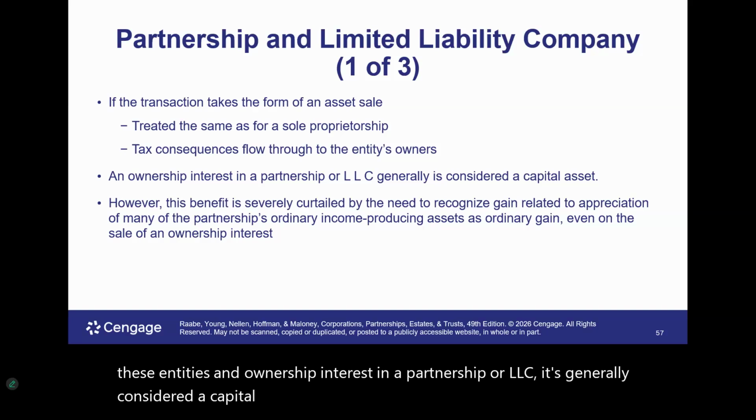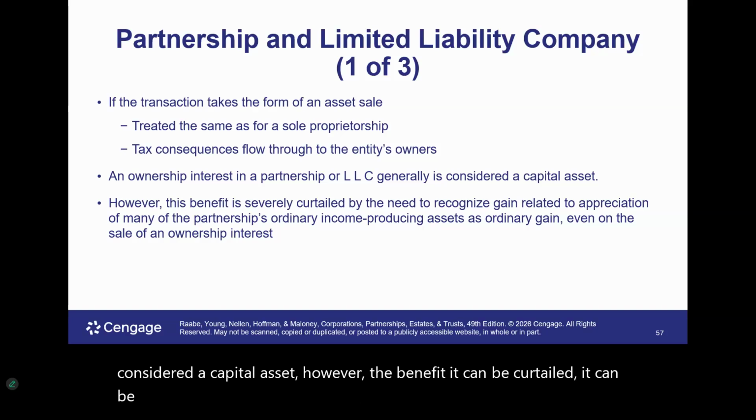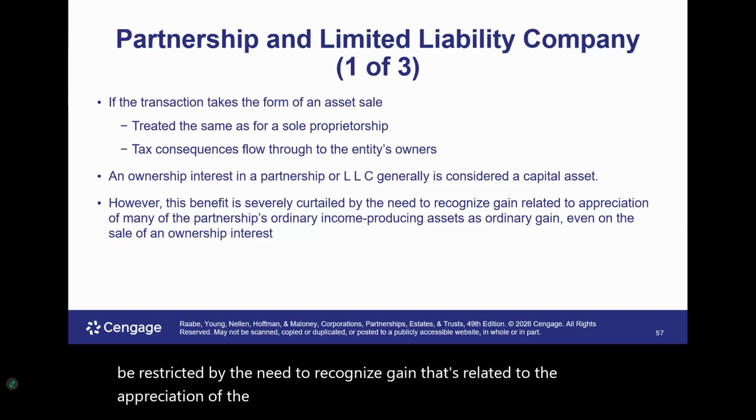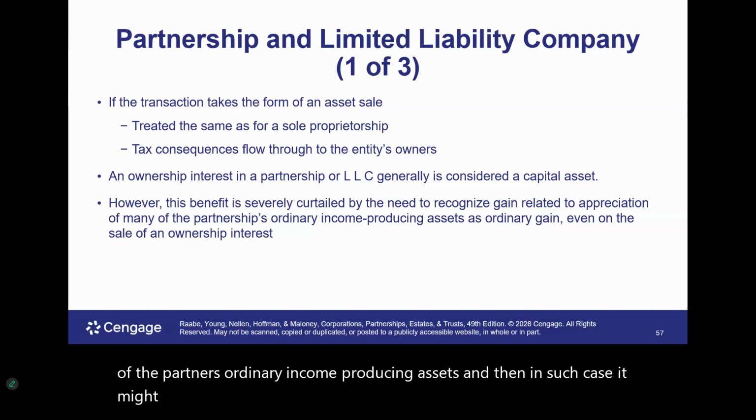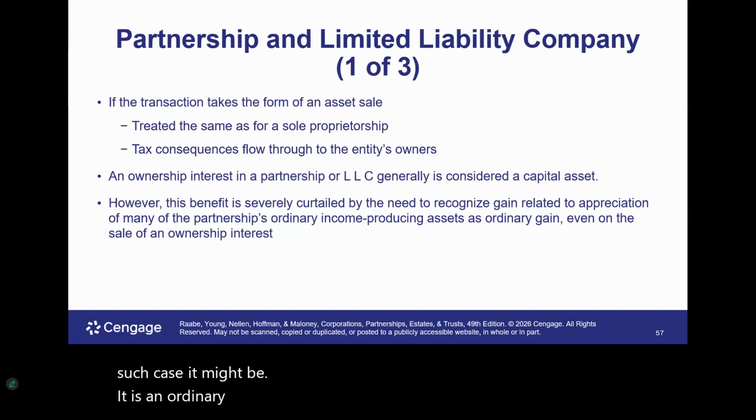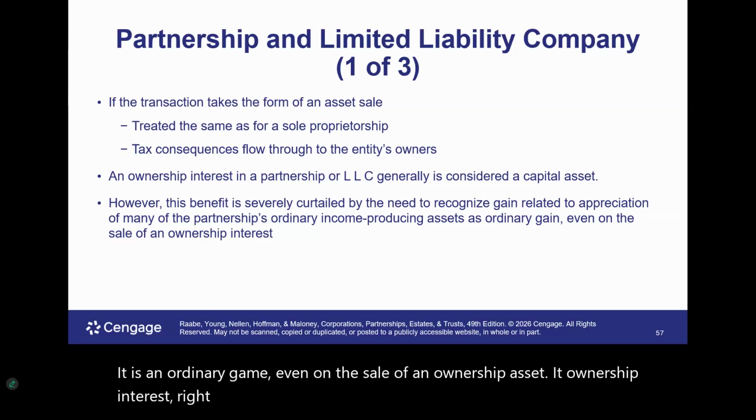However, the benefit can be curtailed by the need to recognize gain related to the appreciation of the partner's ordinary income producing assets. In such a case, it might be treated as ordinary gain, even on the sale of an ownership interest.